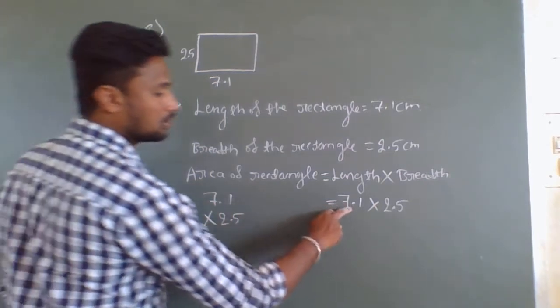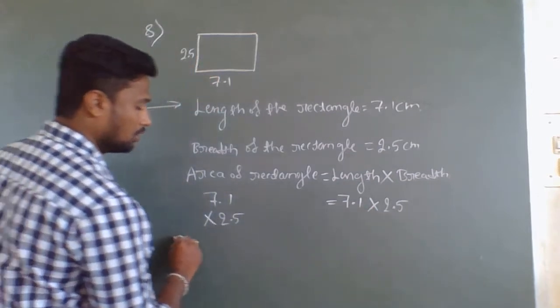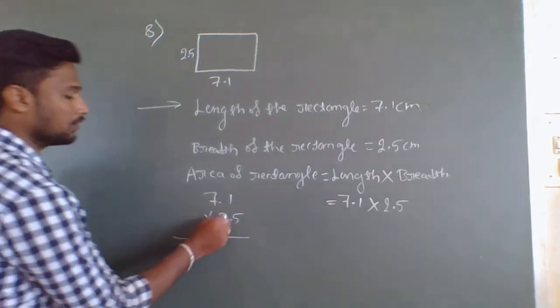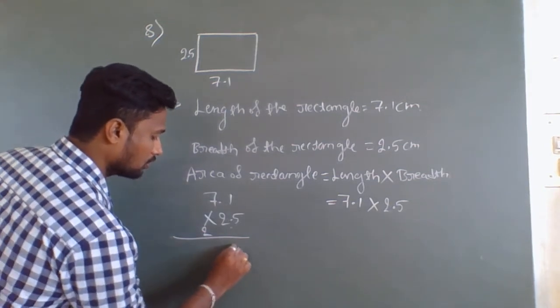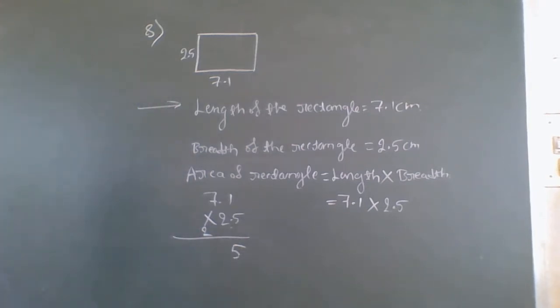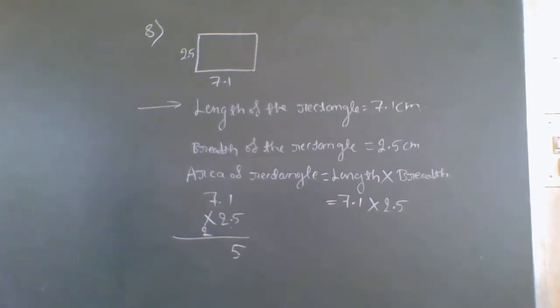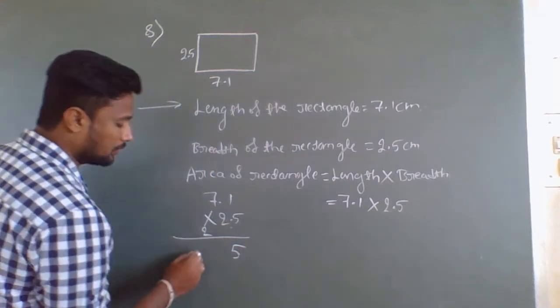I will not consider the decimal points. So 25 into 1 means what will we get? 25. Here 2 is carried, here we will get 5. And 25 into 7 means what will you get? 175. So 175 plus 2 means what will you get?